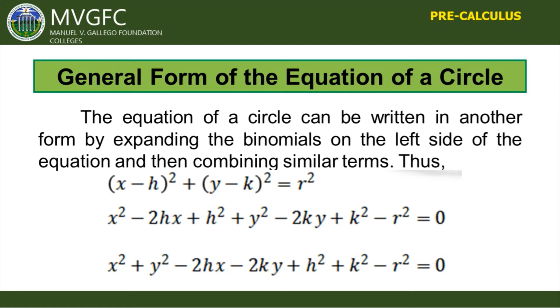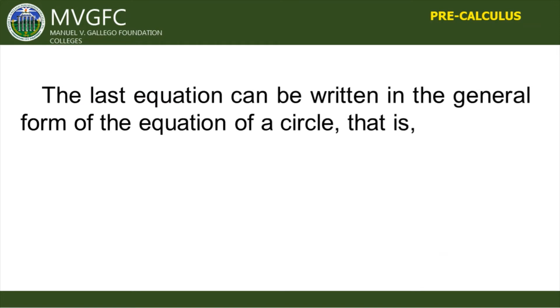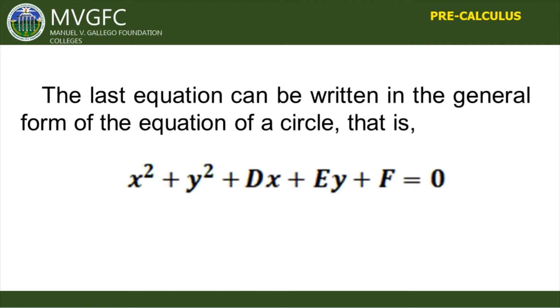Okay? So the last equation can be written in the general form of the equation of a circle. And that is x squared plus y squared plus dx plus ey plus f is equal to 0. So d, e, f are simply representations of the constants in those terms. So don't be confused by that.